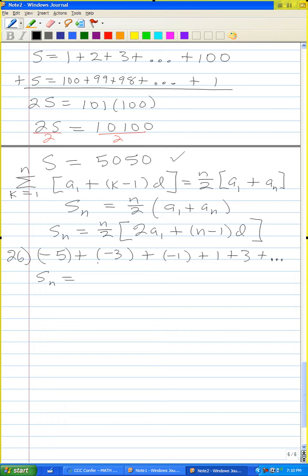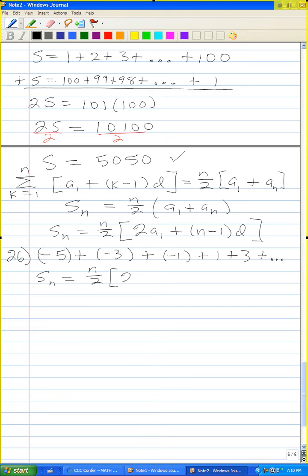And so this is just n over 2. I can either use a1 plus an or the second formula. Since I don't know the last term, I can just use the second formula, because in this case I know how many terms there are, I know the first term, and I know the common difference.